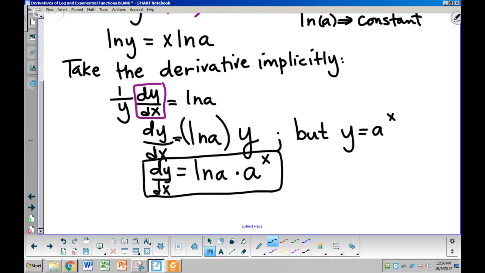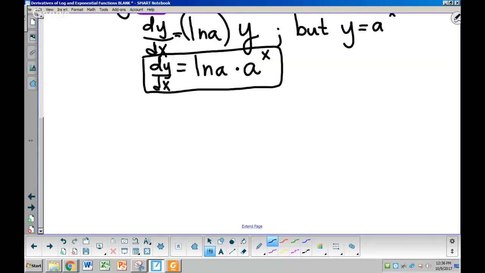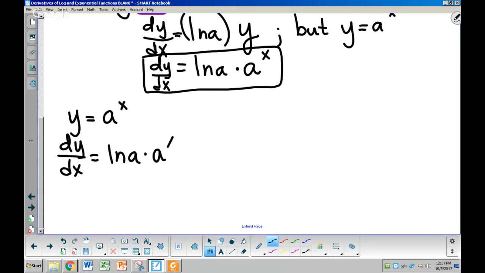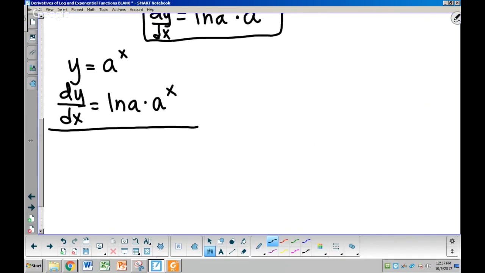All right, so let's do our little summary. If we have y equals a to the x, dy/dx is going to equal the natural log of a times the function itself again. And then what if I have y equals a to the f of x here? The composite, with f of x being the inside.